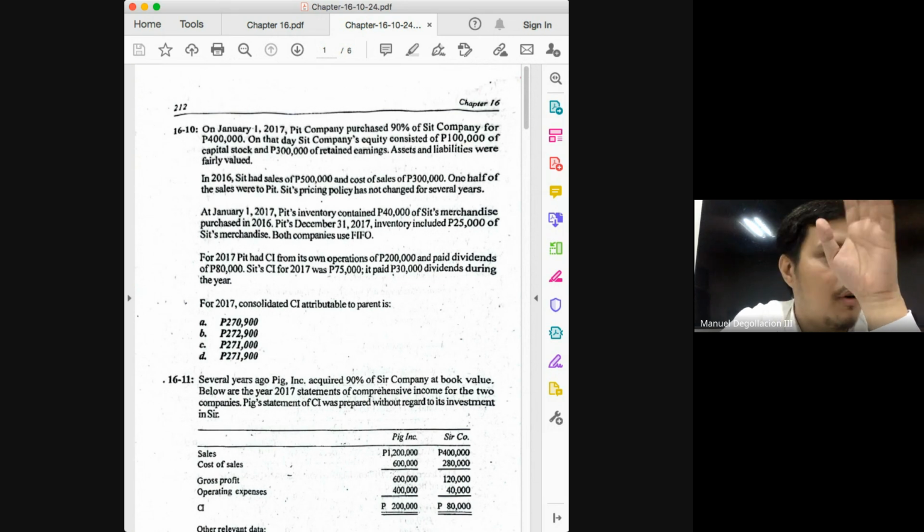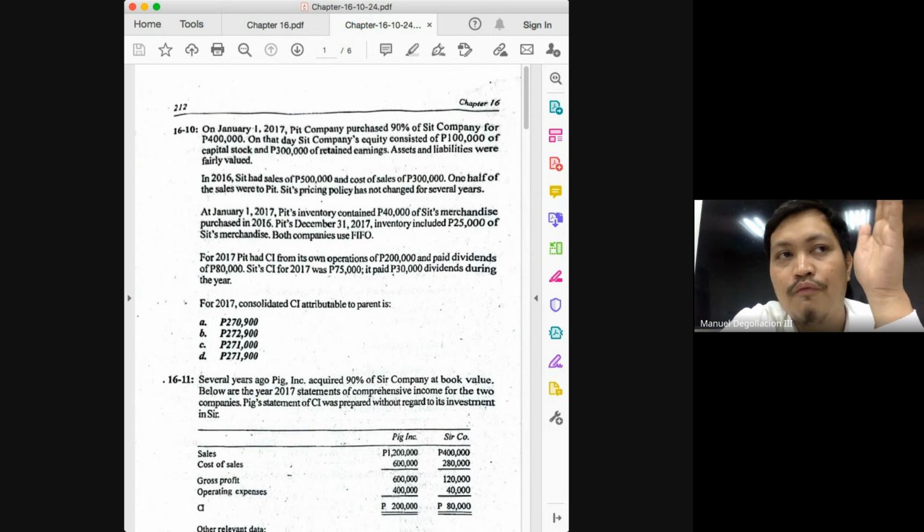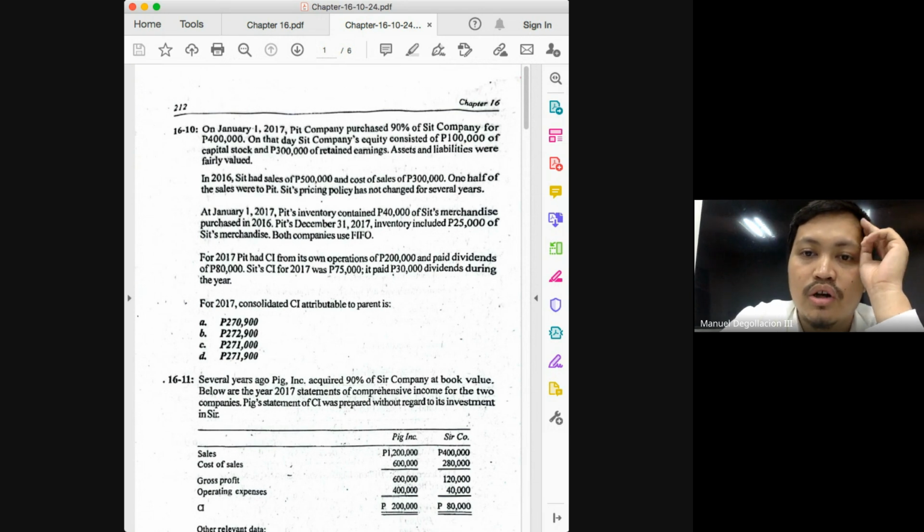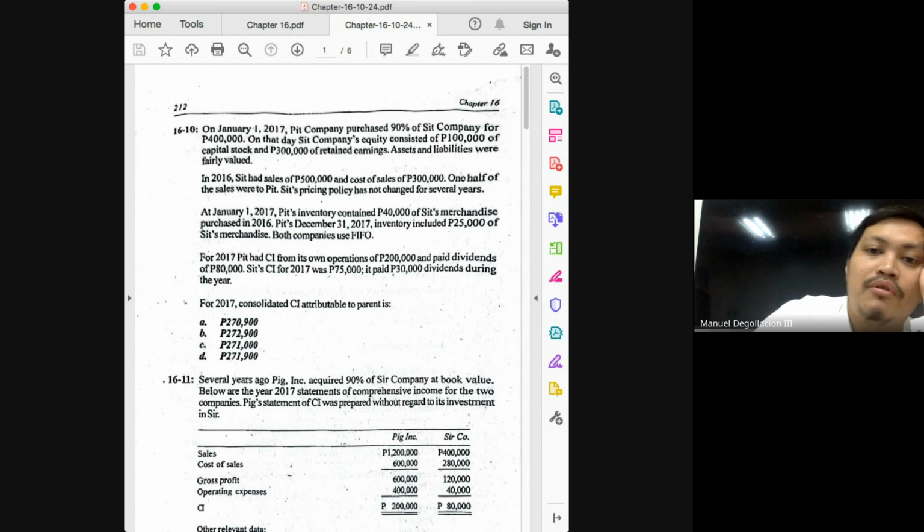From chapter 15, we have established that the two things we need are income of the parent from its own operations and the adjusted income of the subsidiary. But please do not make the wrong conclusion that there will be no adjustments to the income of the parent.